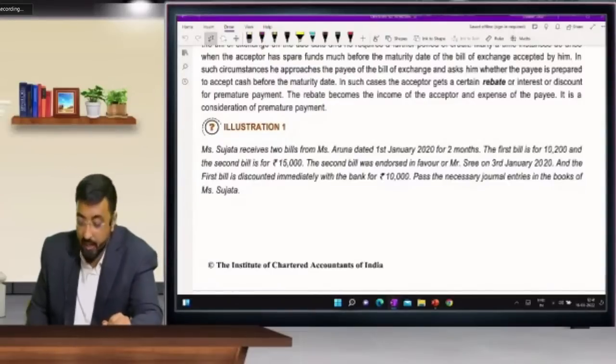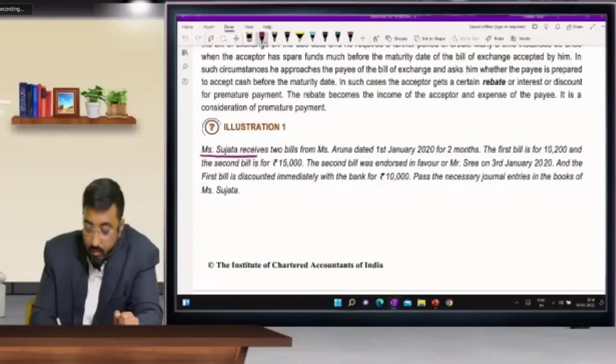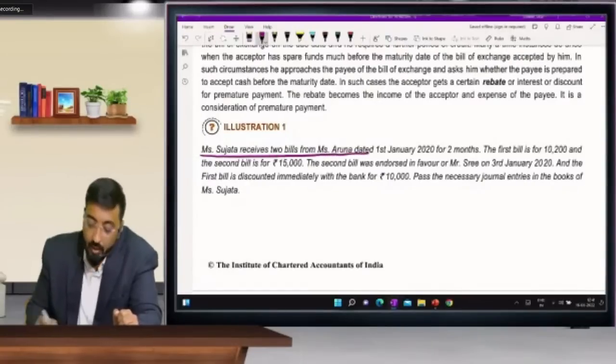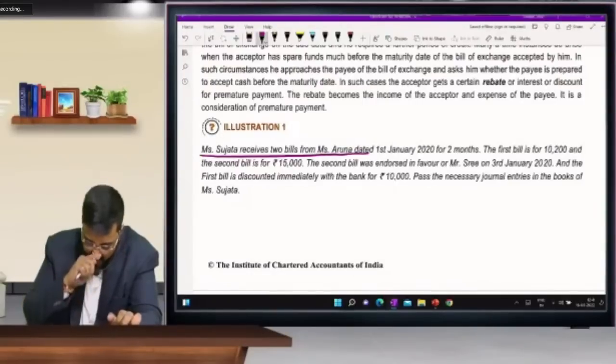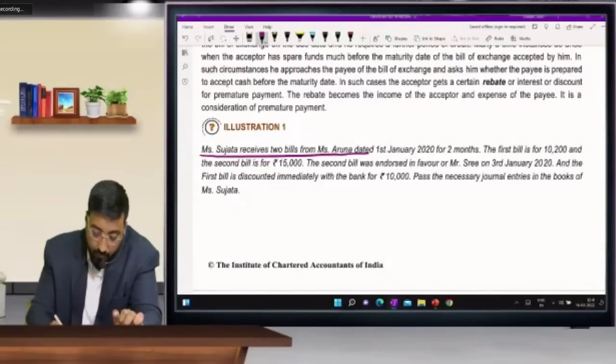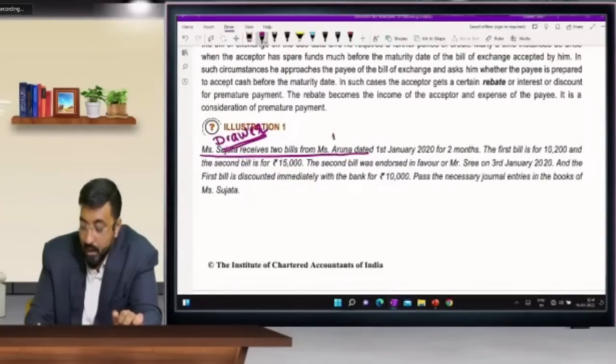Messer Sujata receives 2 bills from Aruna. So, Sujata is a drawer. Aruna is a drawee.